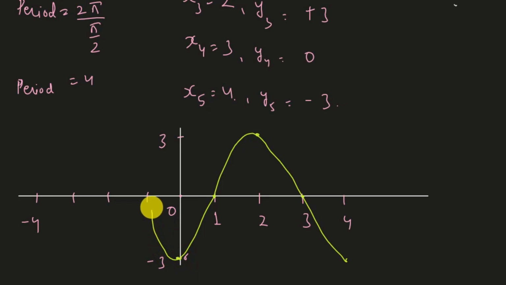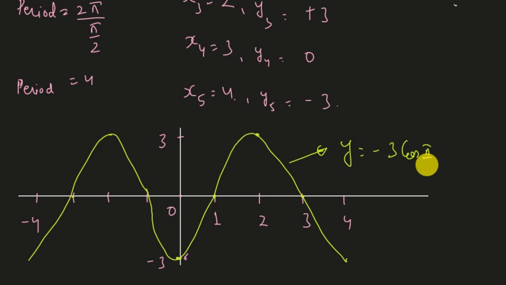It will go like this, and here it will reach the maximum point, and then here, then here. So this would be like this. So this is the graph for y equals minus 3 cosine pi by 2 x between minus 4 to 4. So this is the required graph.